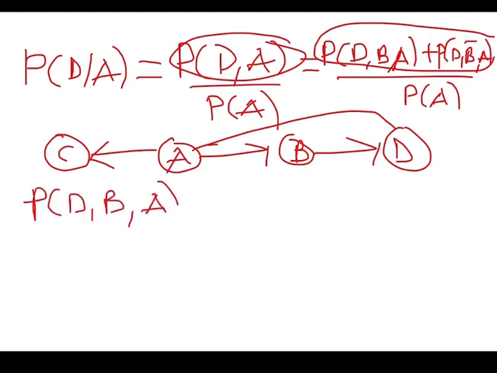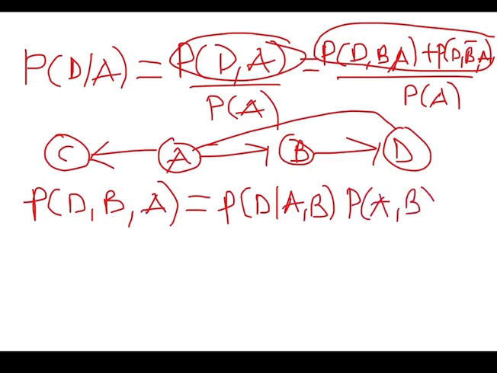Now I want to examine this. What is the probability of D? If I want to look at that, it's going to be the probability of D given AB multiplied by the probability of AB. Take a look at that. If you look at the picture, D depends on B and A, right? So if I want to rewrite that, putting into consideration the dependence law, I'm going to have that.